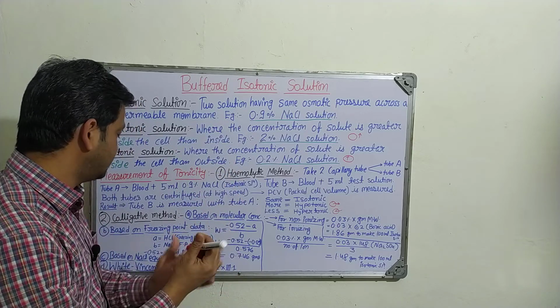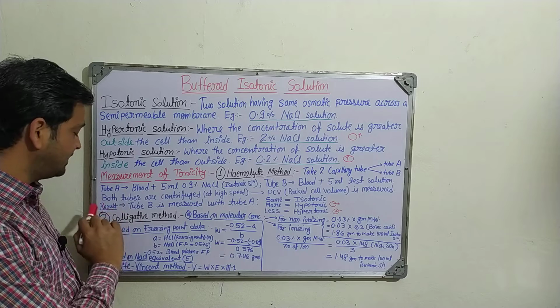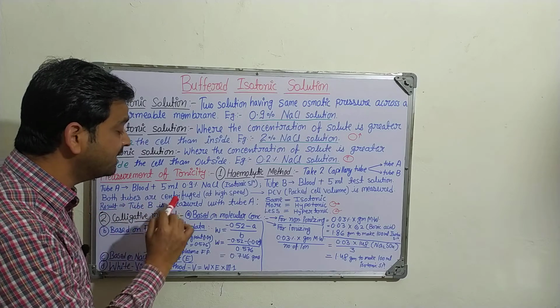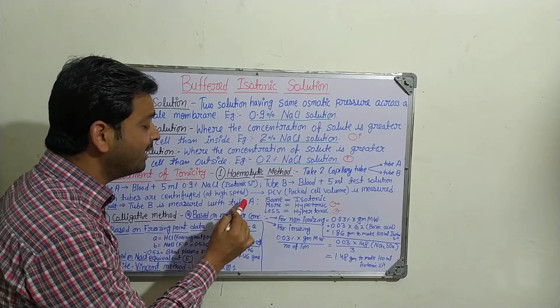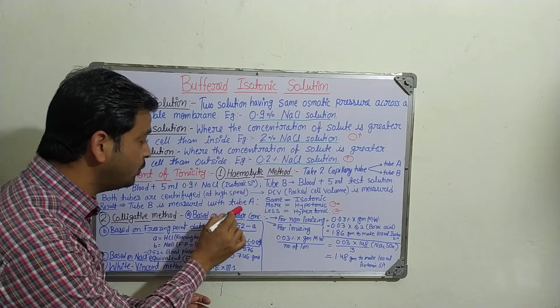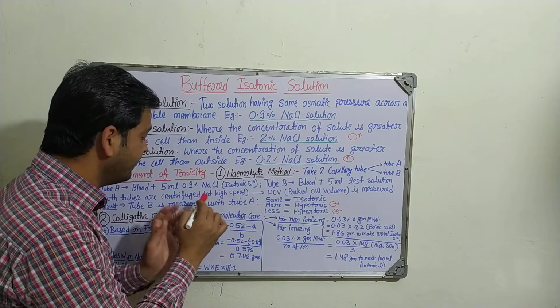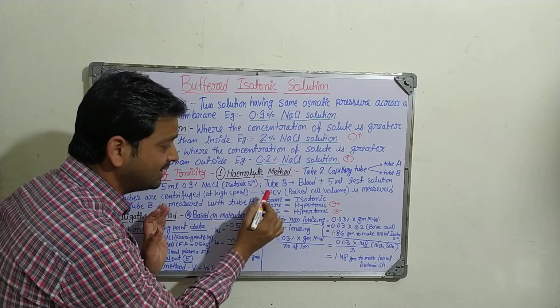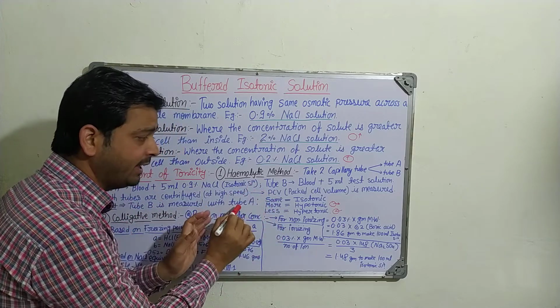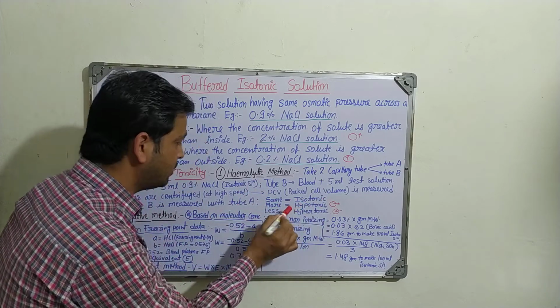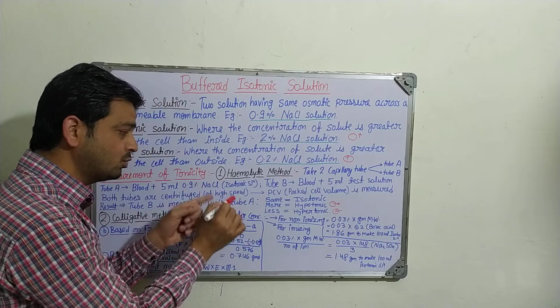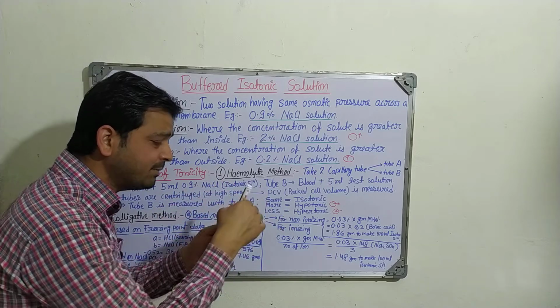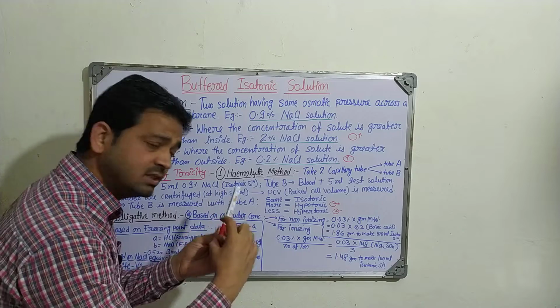What we are going to see in the result is tube B compared with tube A, because tube A contains the isotonic solution. If the PCV of tube B is the same as tube A, it means the test solution is isotonic, because there will be the same kind of precipitate or PCV.